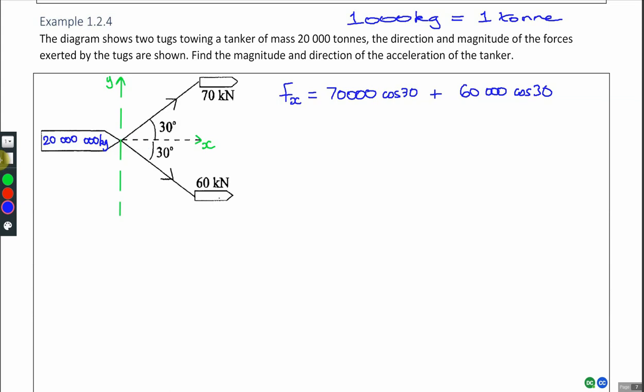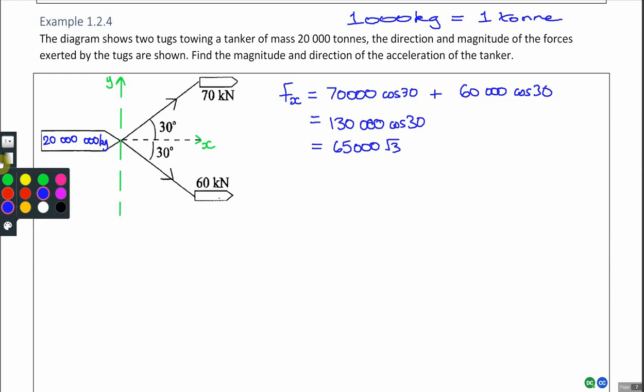We can simplify this. 70,000 cos 30 plus 60,000 cos 30 is 130,000 cos 30. And we could go one step further. Cos 30 is root 3 over 2. So this is 65,000 multiplied by root 3. So that is the strength of the resultant force in the x direction.